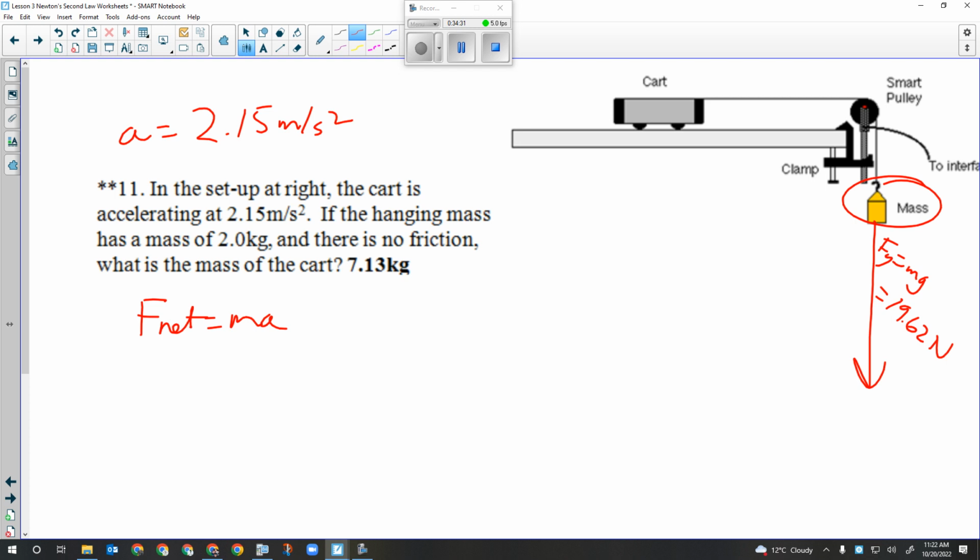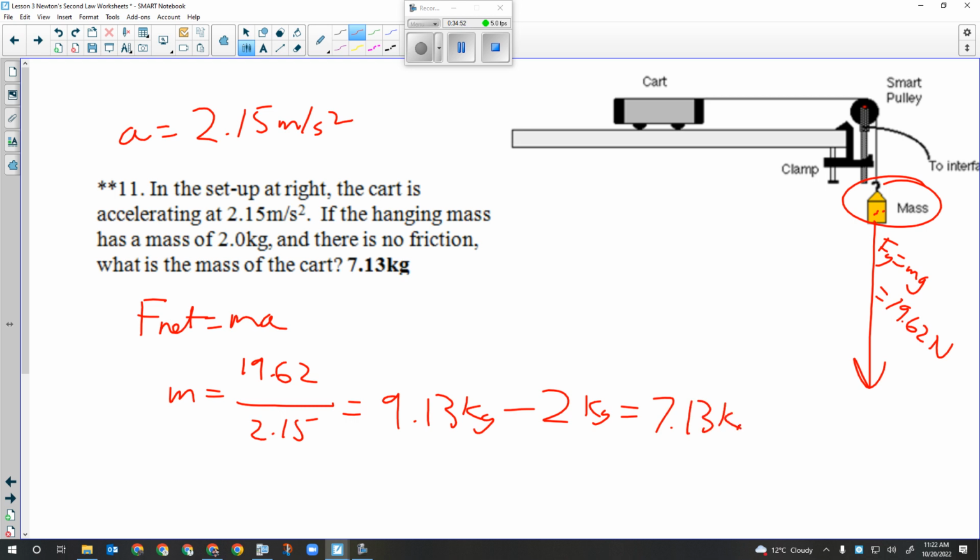So if I'm calculating mass here, that's going to be my 19.62 newtons divided by 2.15, which gives me 9.13 kilograms, and then I have to subtract the 2 kilograms worth of mass that were here, to get 7.13 kilograms. That's a pretty heavy cart, given that our carts were only 700 grams with all the crap put on them the other day in the lab. So this is obviously a much bigger scale.